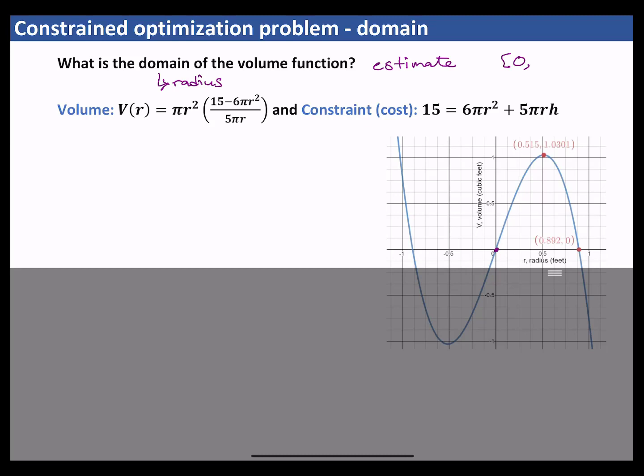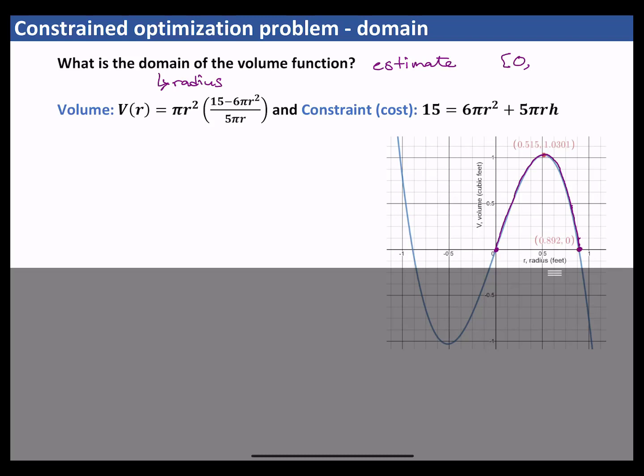Looking at this volume function, the volume is increasing, and then as the radius gets bigger, the volume actually starts to decrease. That's because if we make the radius bigger, we're going to have to make the height smaller since we only have $15.